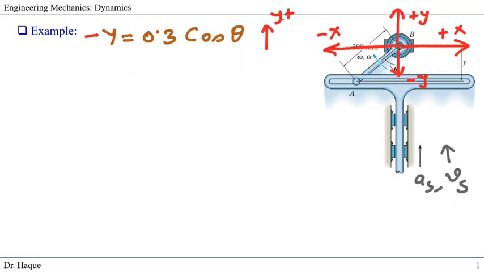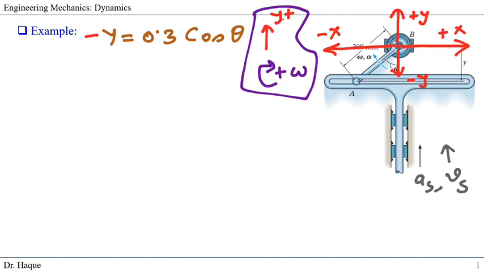So we will take the upward direction of y as positive, and we can take clockwise as the positive direction for omega. Once I have decided on my direction, now I can take the first derivative and second derivative.